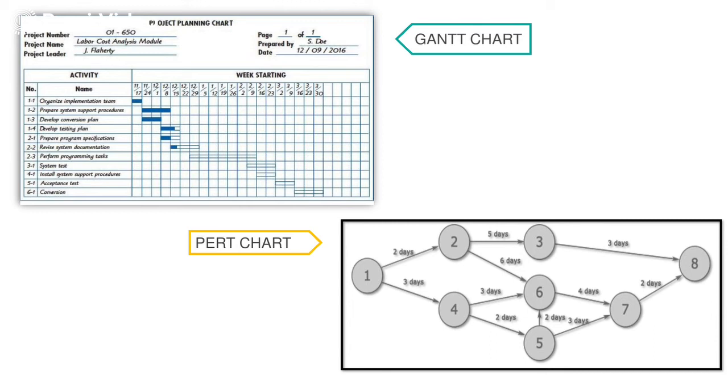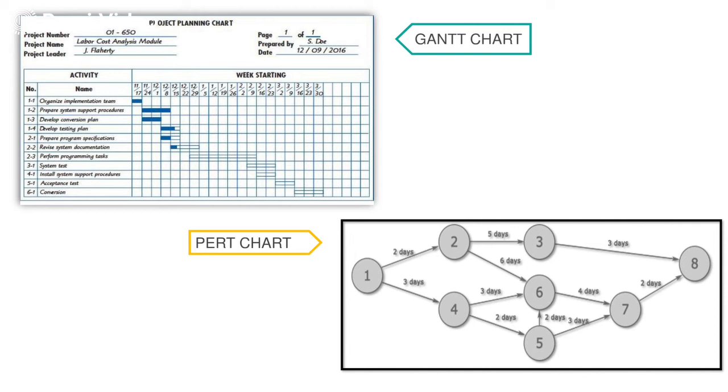Actually, I want to discuss these two techniques in detail, as I mentioned earlier, in the topic project management software, where we are going to apply this project planning using Microsoft Project. So in Microsoft Project later on, you can see the example of these two techniques used in the planning stage.